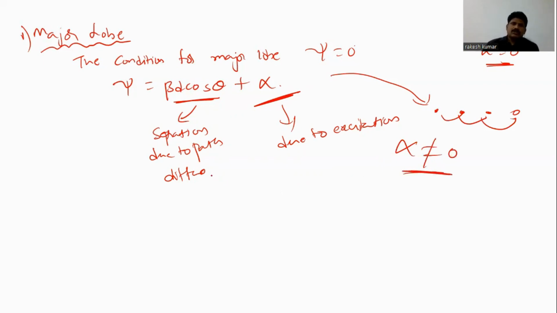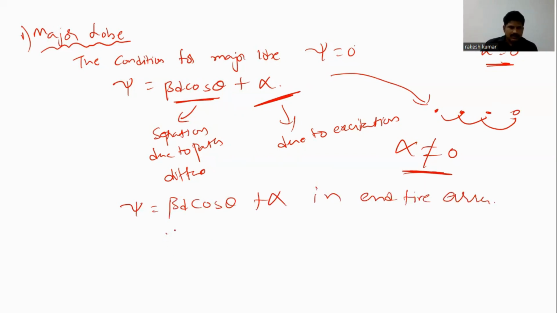This is the only change between broadside array and Endfire array. The value of psi becomes beta d cos theta plus alpha in an Endfire array.